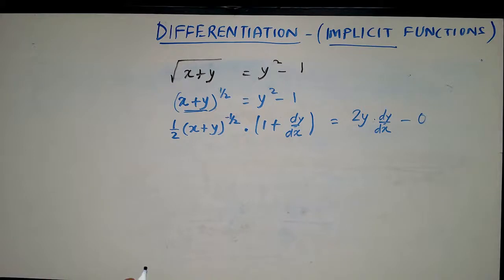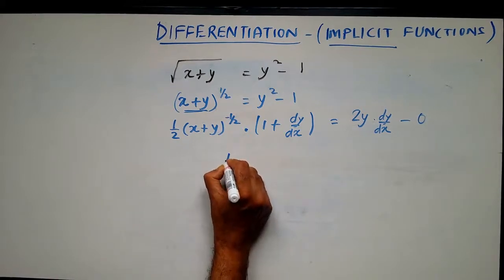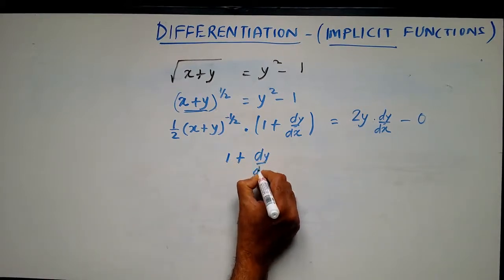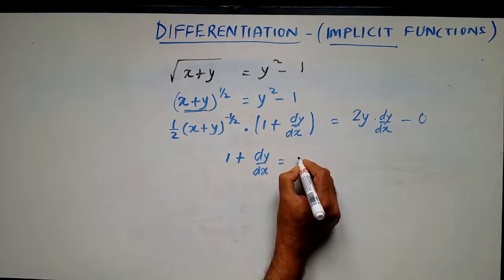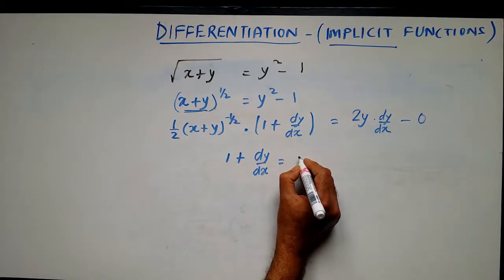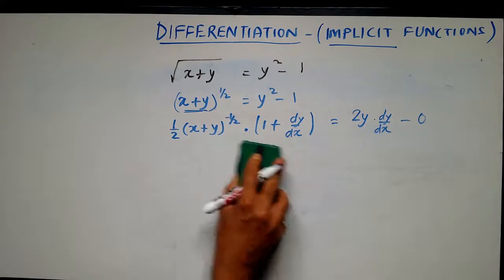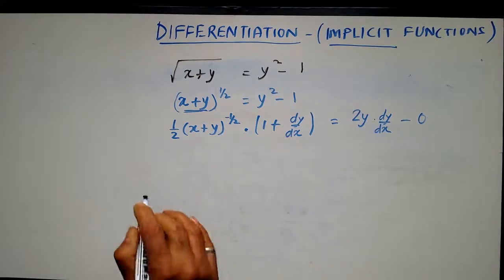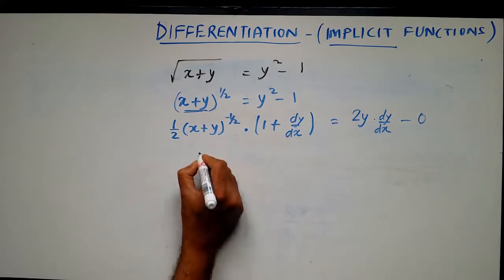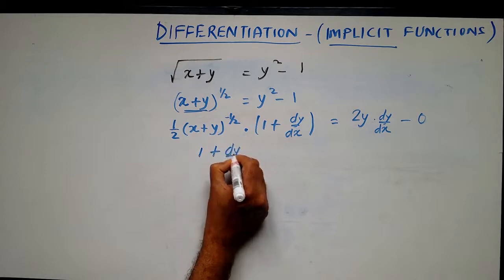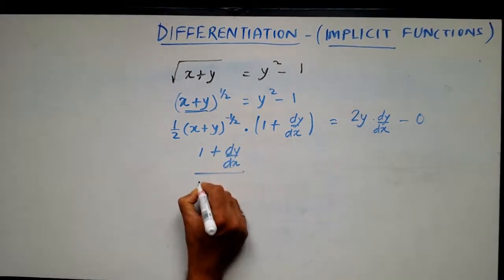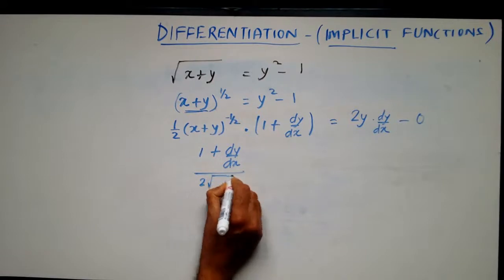Now we can say that 1 plus dy by dx, let's take all the terms of dy by dx. So this is (1 plus dy by dx) upon 2 root x plus y.